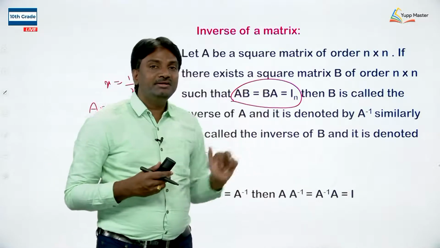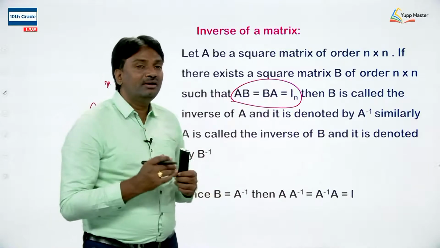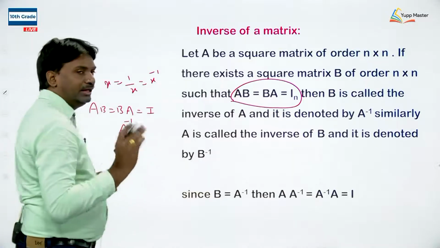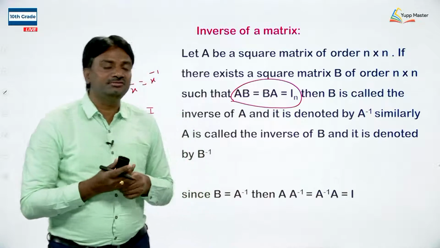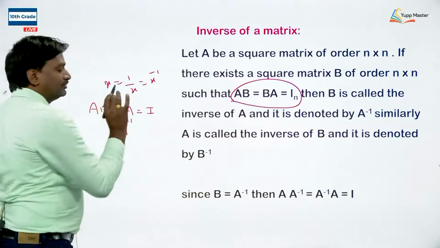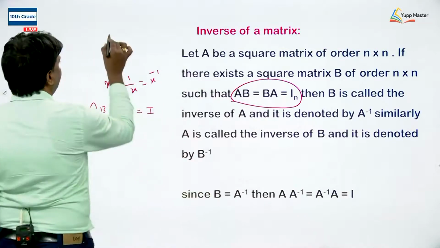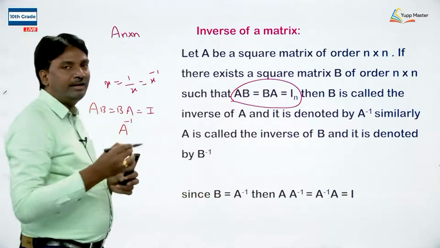Then B is called the inverse of the matrix A. The inverse of the matrix A is denoted by A inverse. If A is any square matrix, then its inverse is denoted by A inverse. So, here let us suppose that A is a square matrix of order n by n.